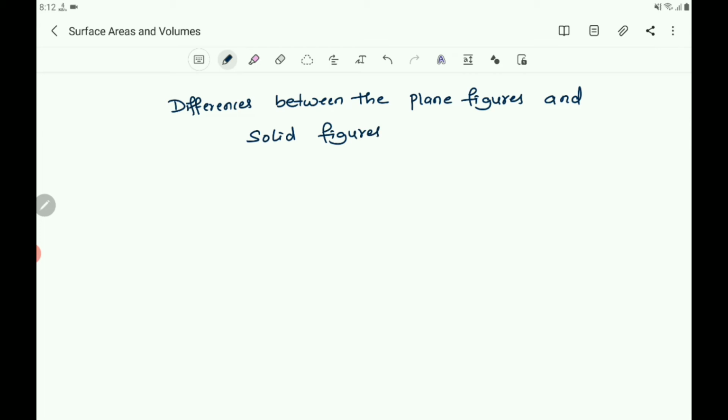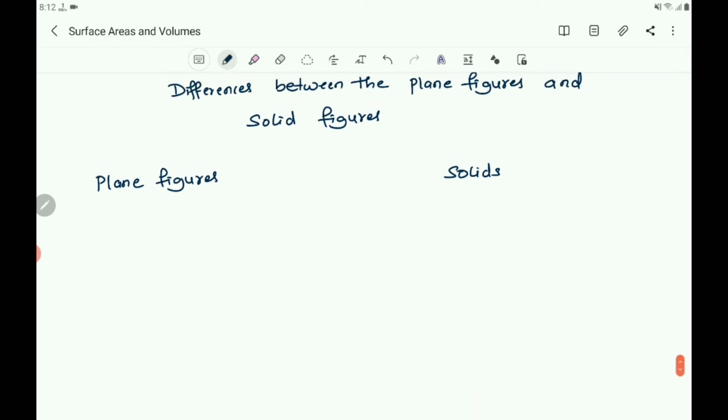Write plane figures and also write solid figures or solids.